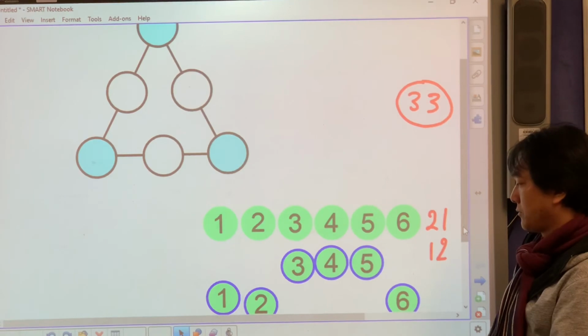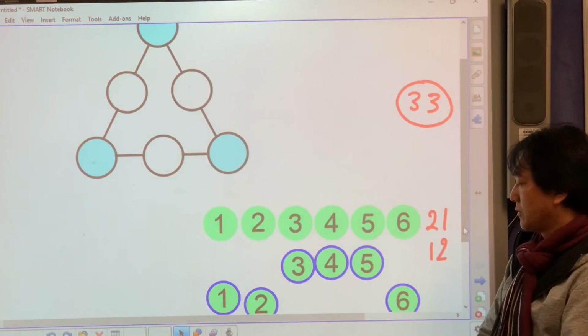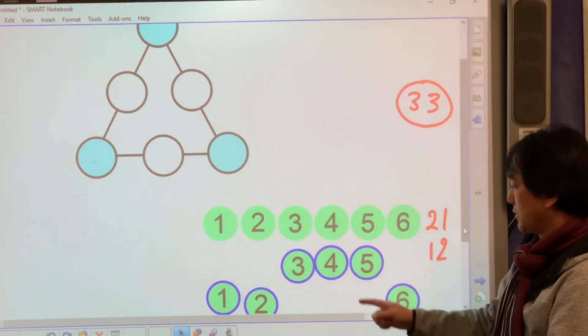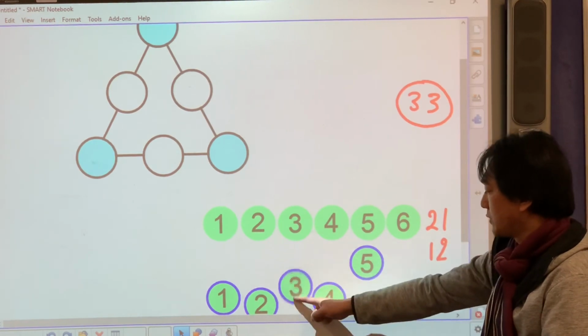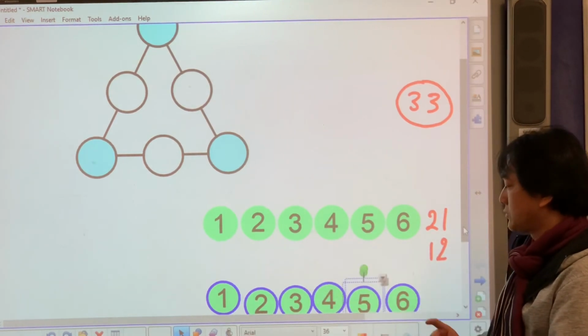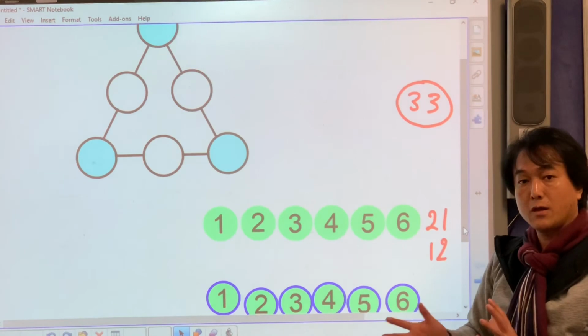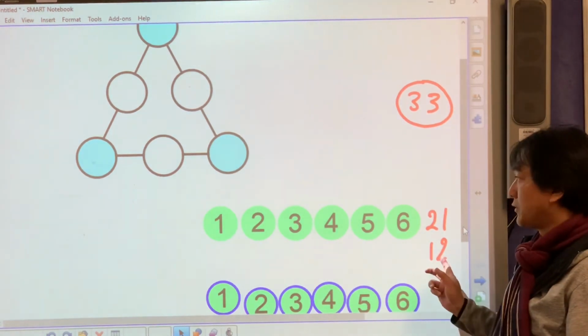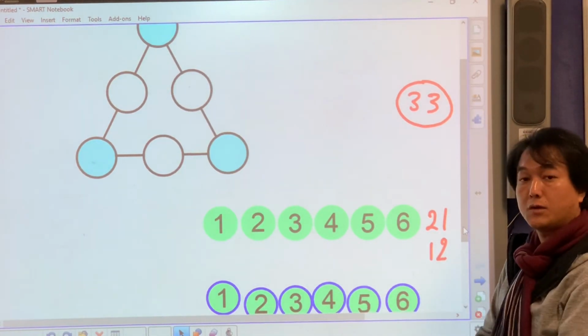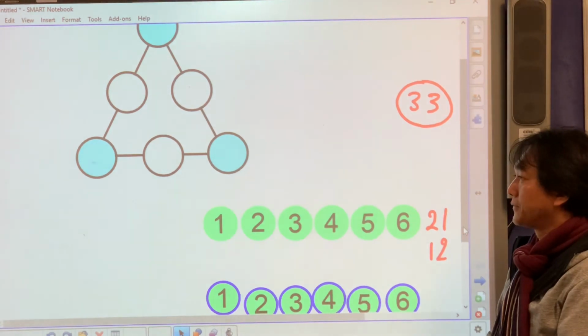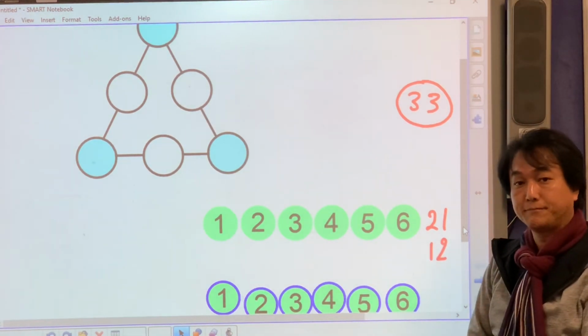Anything else can you do? So let's see if you can find different combinations to make 12 and see if you can make a magic triangle. So let's pause the video.